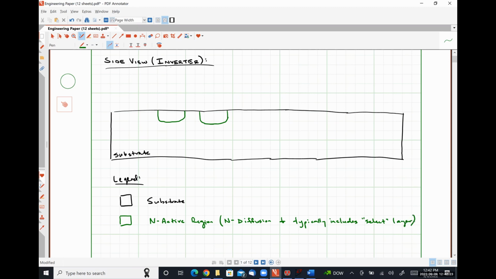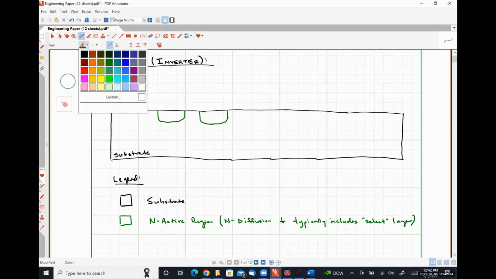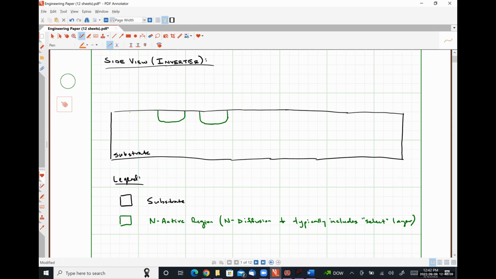And we'll talk about what that statement means when we address how we use this particular N and P active regions in a couple of lectures, okay? We also have a P active region here, which serves as our body connection.